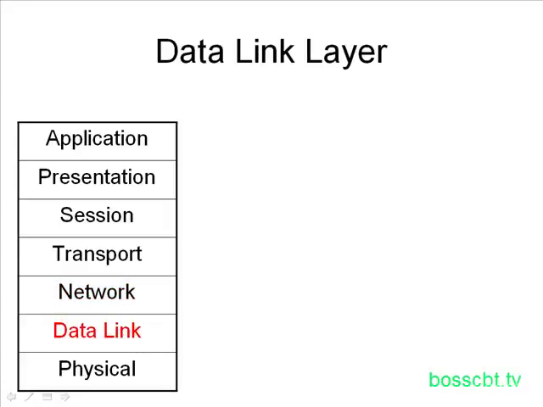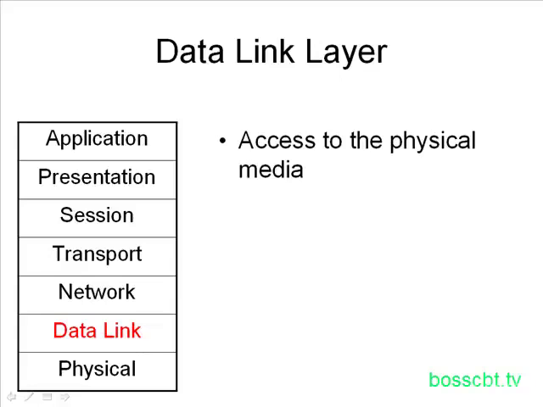Now, the data link layer is where we start to talk about how we actually access the physical media. In other words, we have this data coming down all the way from the application, working its way through presentation, session, transport, and network. Now we're at the layer where all of that is taken and it's put into a form where we can actually access the physical media that we're working with and deliver that data.